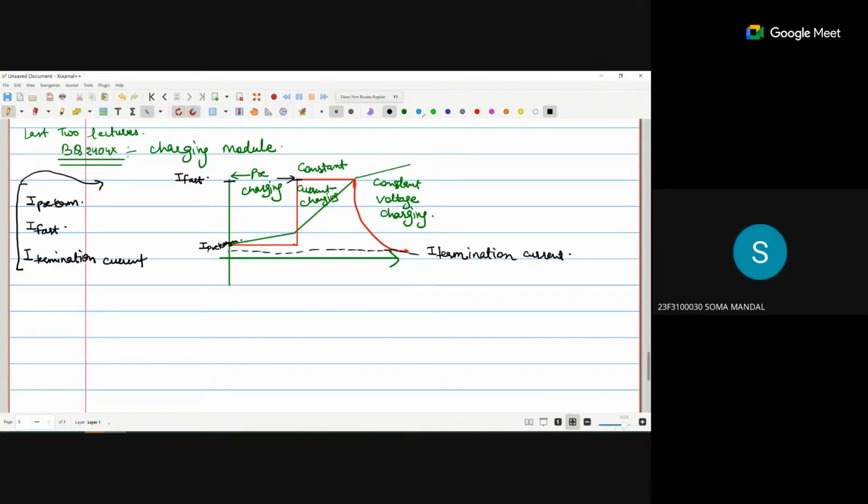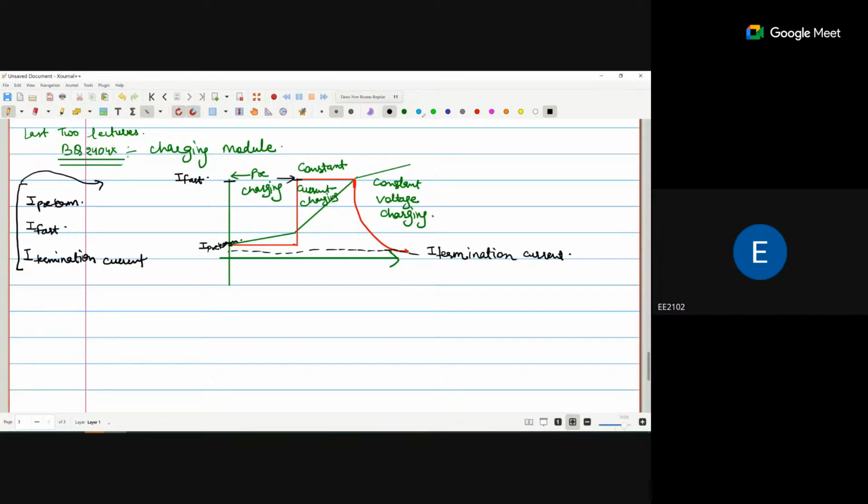Sir, what is the question from this week? What type of question? They will give you some values and ask for these three currents. That type of question is possible. Second, they give you a block diagram and then ask for some parameter values.